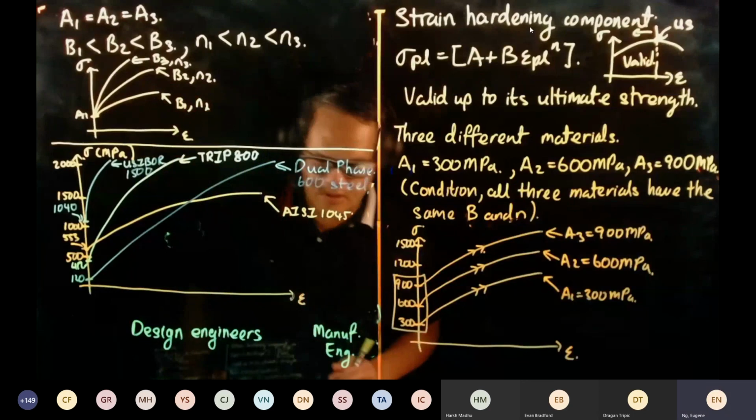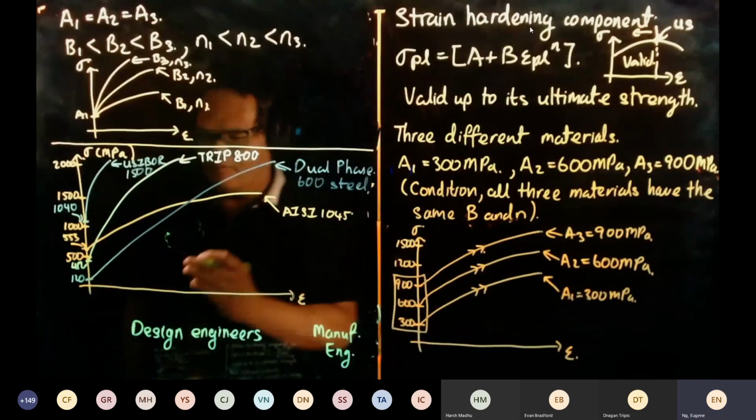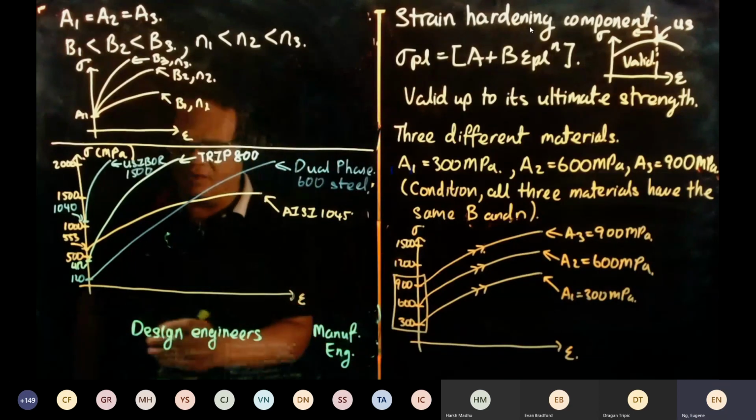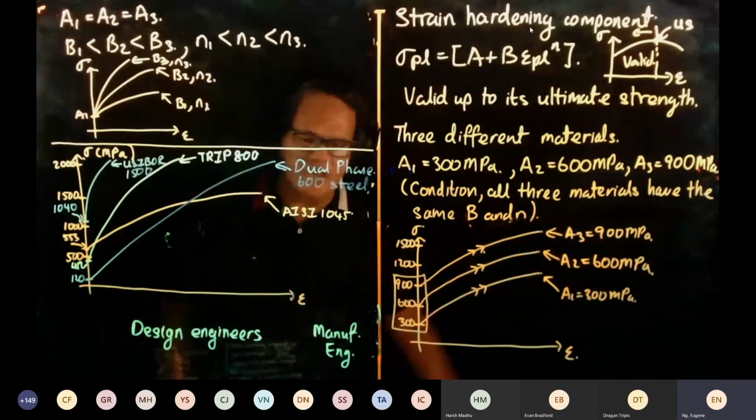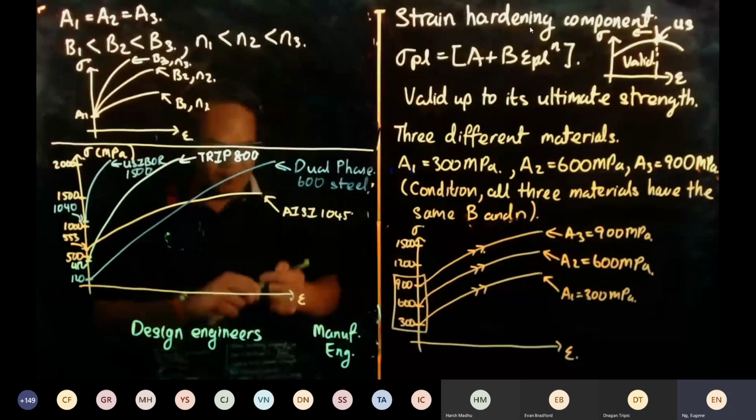This is true everywhere. The design engineer wants to use a certain type of material, and the manufacturing engineer says, "No way, Jose." I'll give you an example.